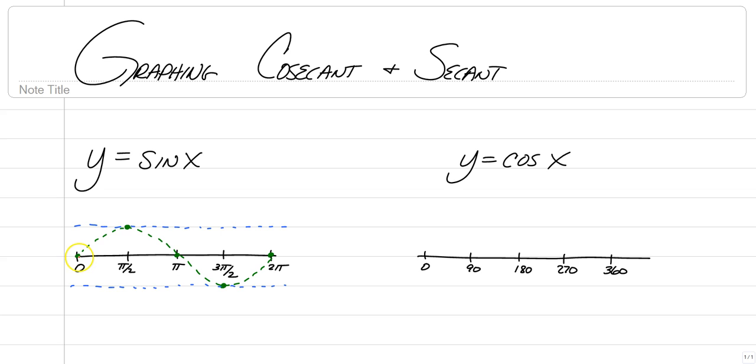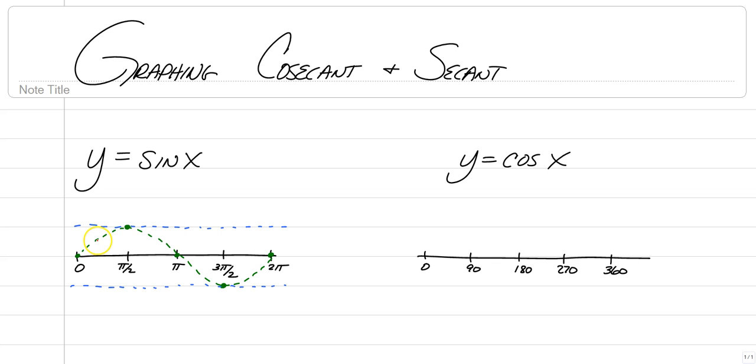What's the reciprocal of 0? Undefined. What's the reciprocal of 1? It would be 1. But what about sine of pi over 4? We know the sine of pi over 4 is root 2 over 2.